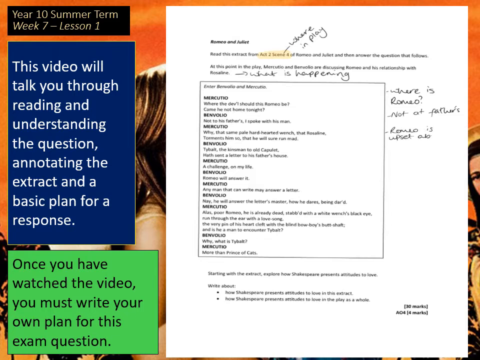Romeo is upset about Rosaline. She's tormenting him. Then Benvolio mentions a letter that Tybalt from the Capulet house has sent the Montagues. And Mercutio thinks that will be a challenge, okay, some sort of invitation to fight or challenging the family some way.